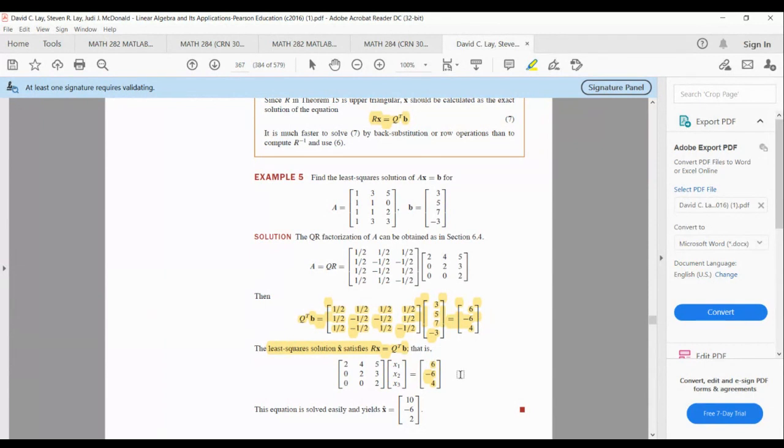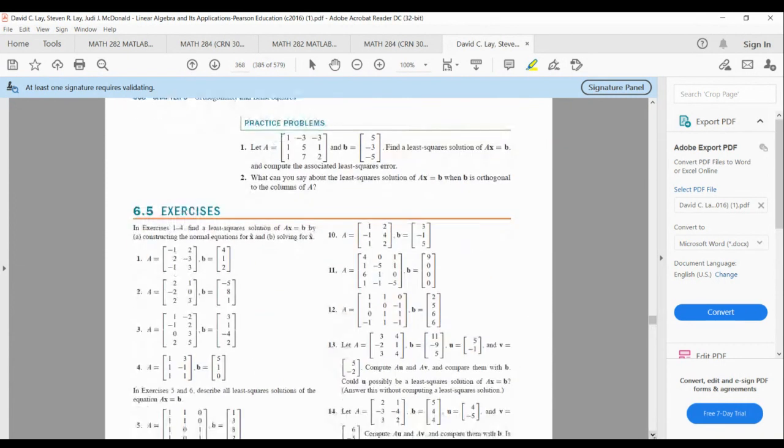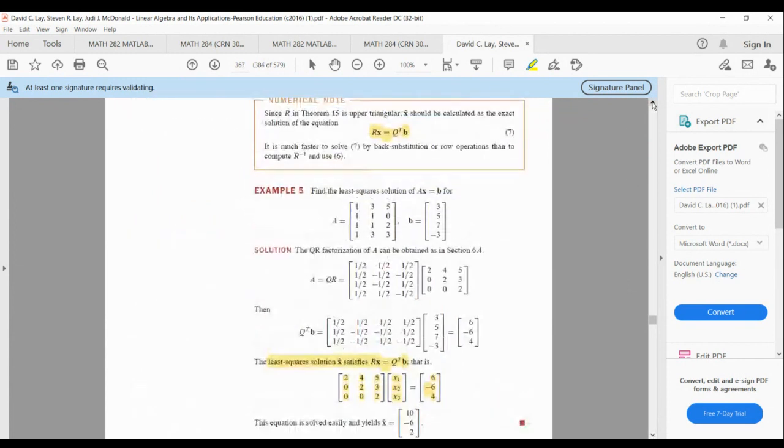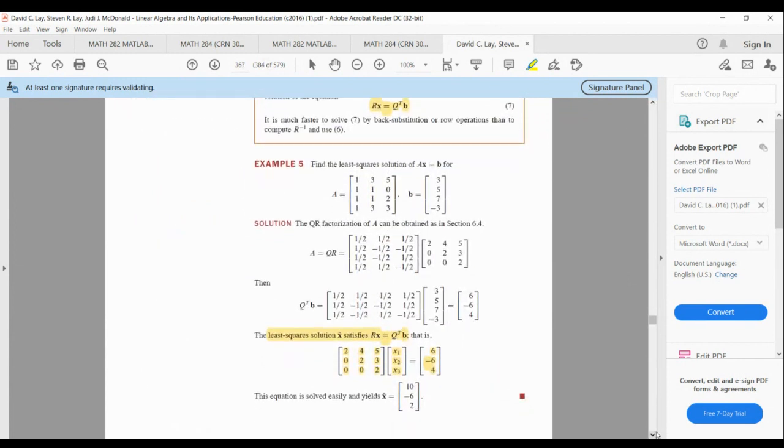That's what they have here on the right side. And on the left side, they have the matrix R times the vector X. It's a system of equations, and it can be solved. And they solve it and get this as the least squares solution, X hat. Are there any questions on that?